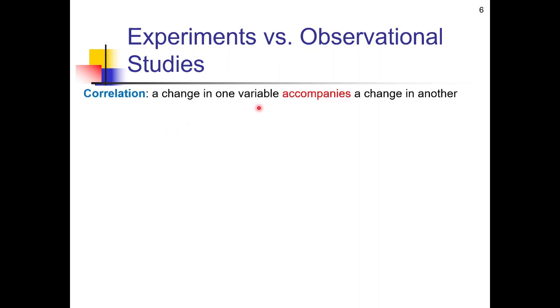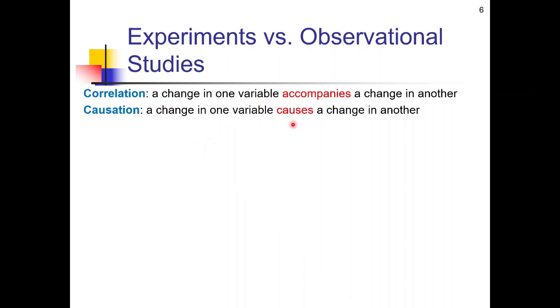It could be that it's just a coincidence, or it could be a little bit more. It could be that there's a relationship called causation, where a change in one variable is actually causing a change in another. So often we do these studies and see that there's a correlation, and then we dig a little deeper and see if we can prove that there's a causation.